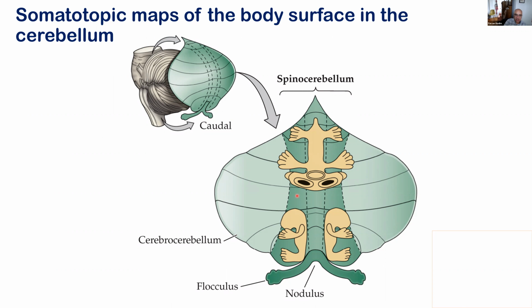This projection has at least 2 copies. There are probably more, but you see one copy which sits on the anterior side of the entire body that is projected there, and another copy that sits on the posterior side, projecting the 2 sides of the body to the 2 hemispheres of the cerebellum.